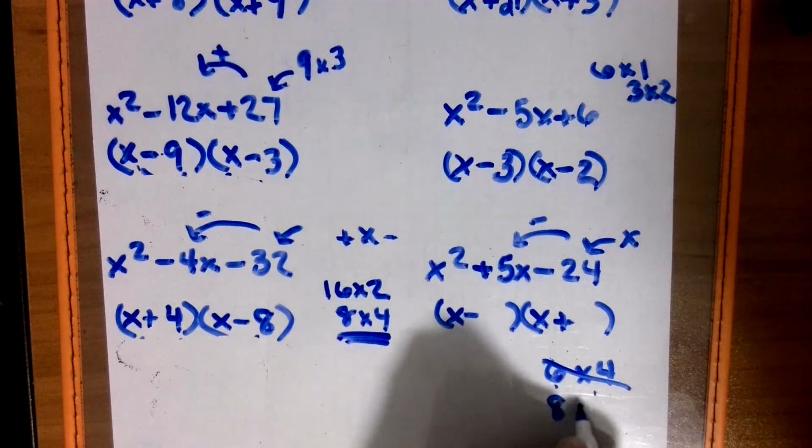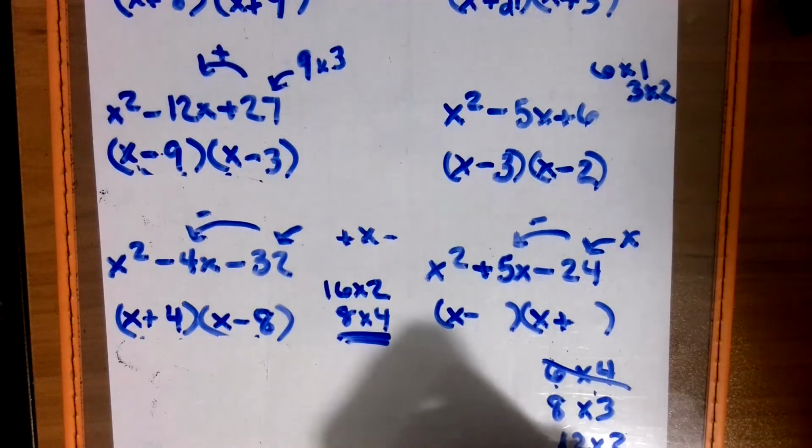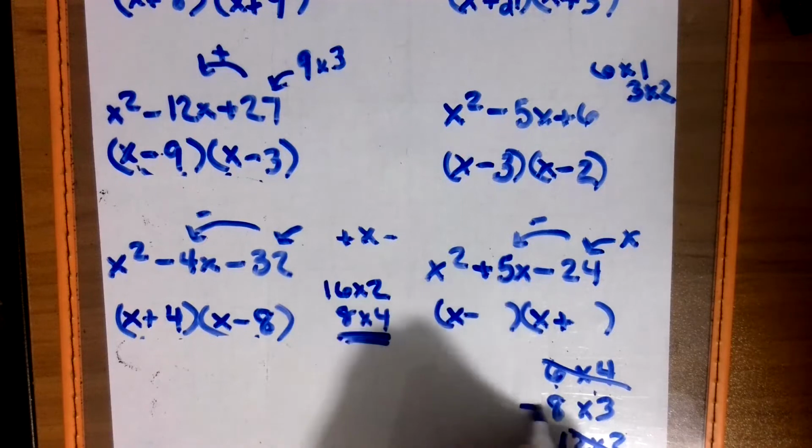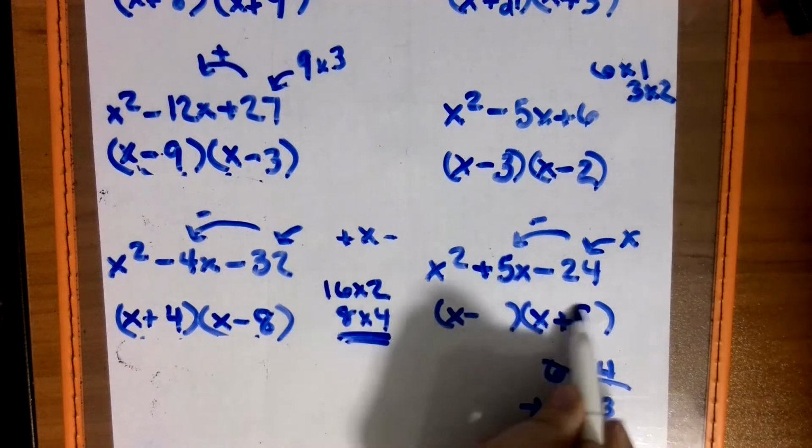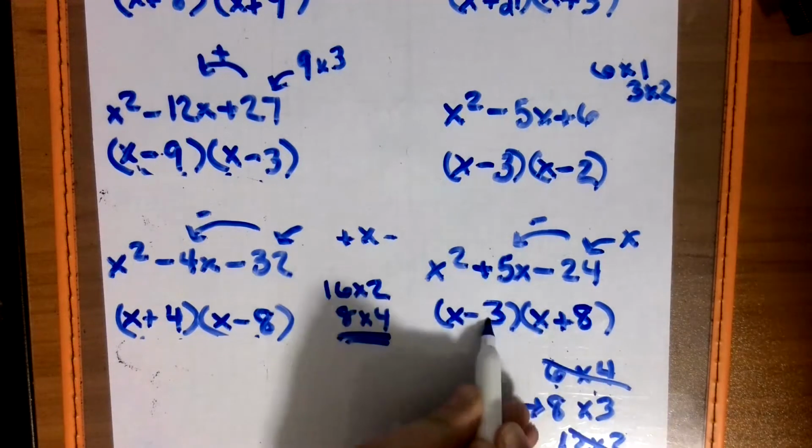So then we can think of 8 times 3, 12 times 2. 12 times 2 gives us 24, but 12 take away 2 gives us 10. 8 times 3 gives us 24. When we subtract them, we get 5. That's perfect. And then we look at the center sign, and this center sign is a positive. So that means the bigger digit has to be positive in this case.